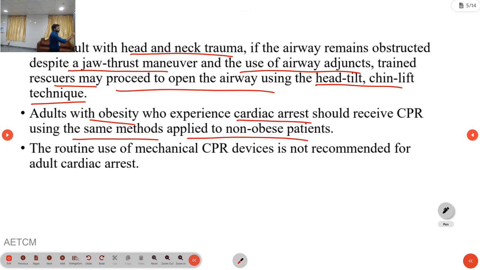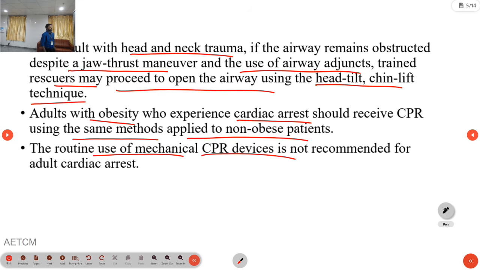Then the next thing, the routine use of mechanical CPR devices is not recommended for adult cardiac arrest. AHA is suggesting that we should not use mechanical devices while performing CPR, especially in adults, because a lot of studies suggest that if we perform high quality chest compressions, most of the guidelines say that human compressions are effective.